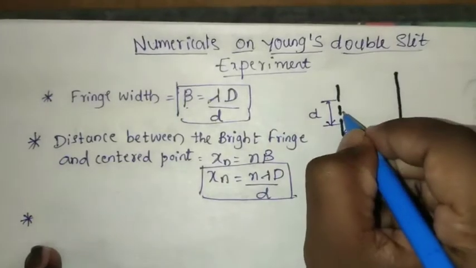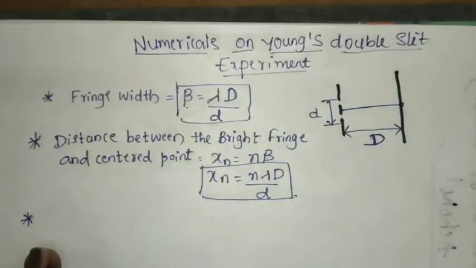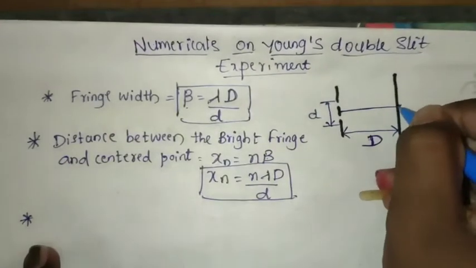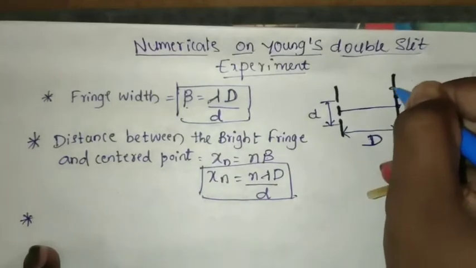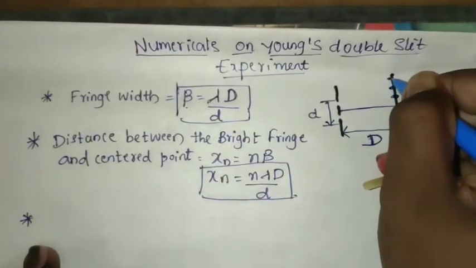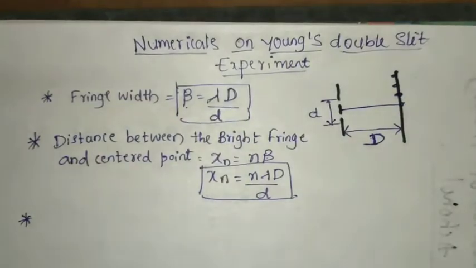After interference of light, a bright fringe is always obtained at the center. Here is a bright fringe and here one more bright fringe, so alternate bright and dark fringes are obtained in Young's double slit experiment.